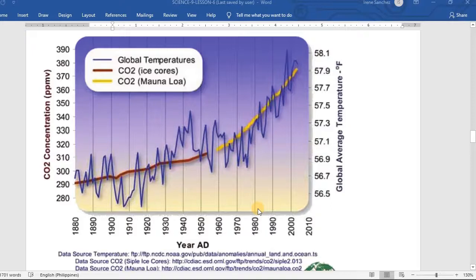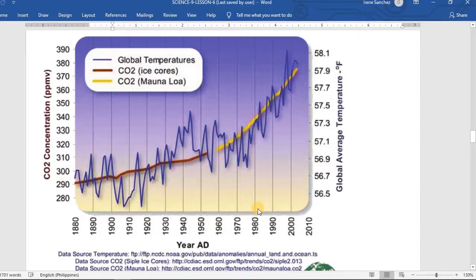The blue line refers to the global temperature. And then this maroon or brown line is the carbon dioxide in the ice cores, and the carbon dioxide concentrations in Mauna Loa, Hawaii. Okay, so there's I think volcano structures in there.